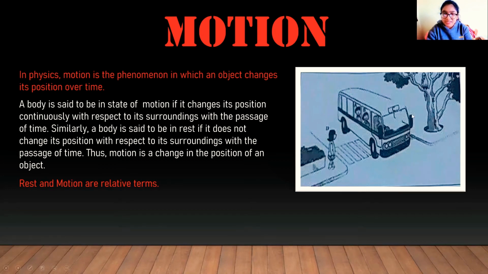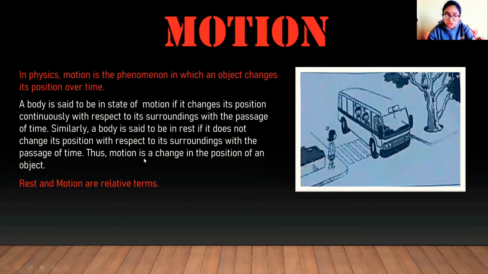Yes, of course, this bus is in motion with respect to the tree. Therefore, these passengers in the bus are at rest relative to the bus, but the bus is in motion relative to the tree. Hence we can say rest and motion are relative terms.